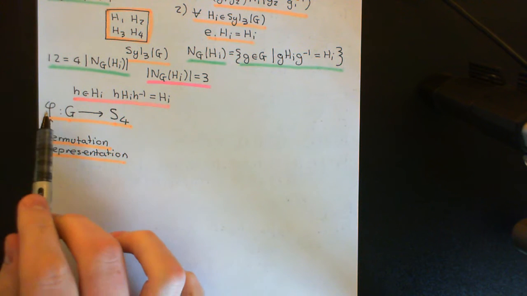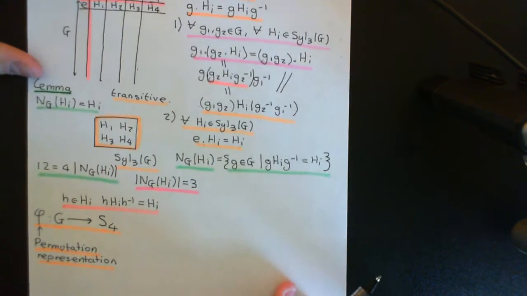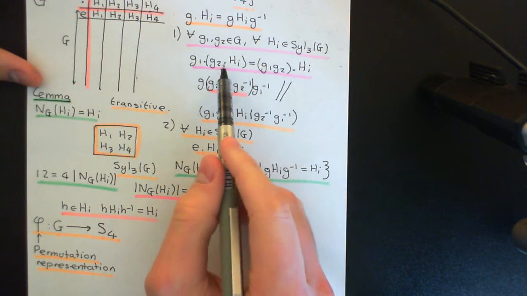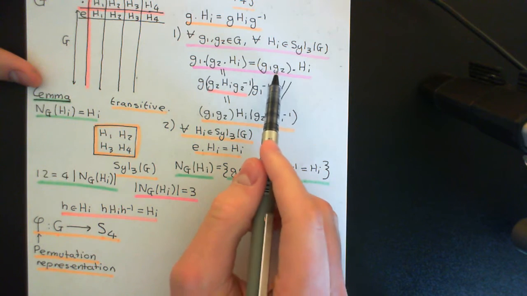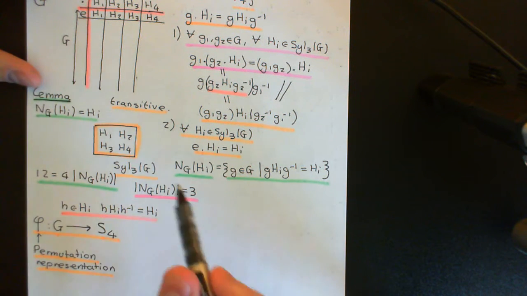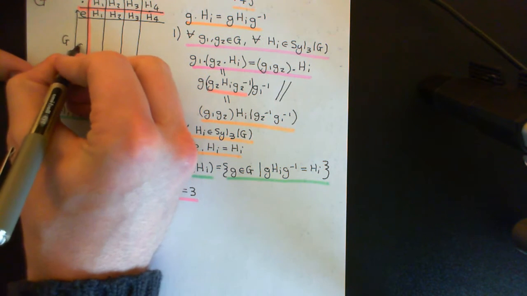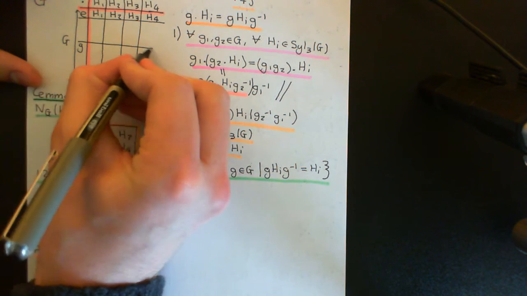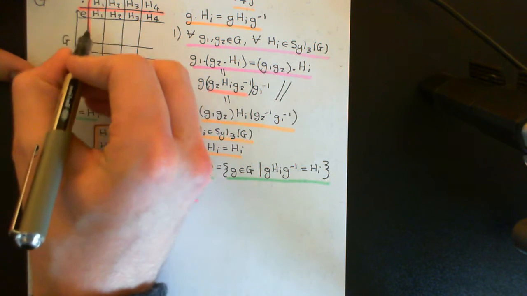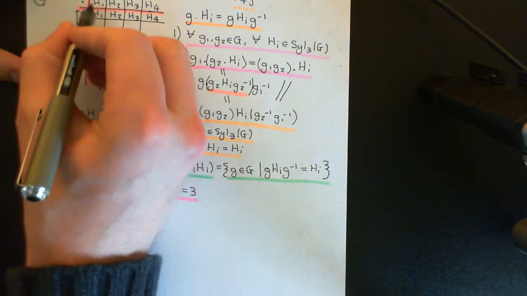The reason that this mapping will be a group homomorphism is because of axiom number 1 of a group action, the compatibility of the group action with the composition law of the group. Just to make this utterly explicit, the way that this will work is it will take any element, little g, of the group G here, and of course little g sends each one of these elements of the set onto the element that's underneath it in the row.